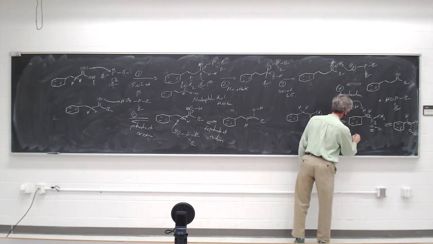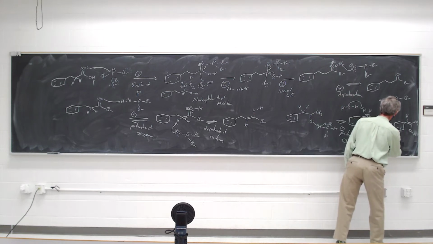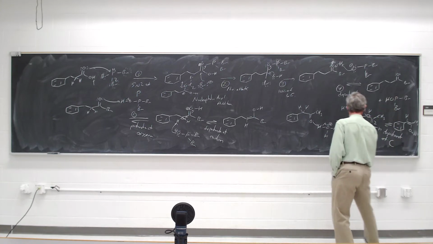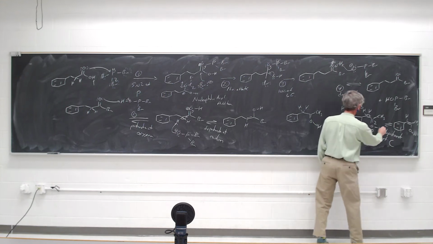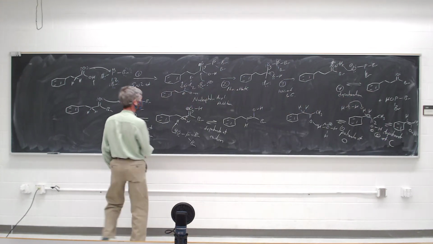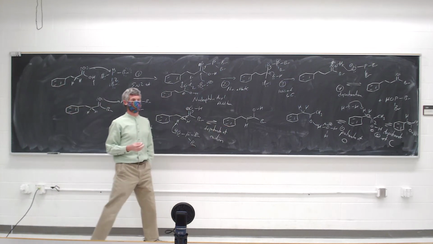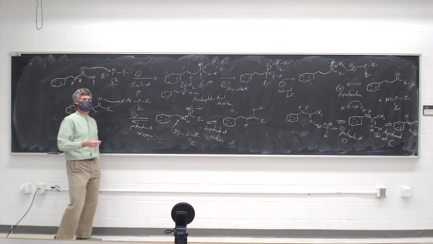You know how to make the enol of the acid bromide, because it's just protonated oxygen and deprotonated carbon. So 2 steps. So 4 steps in stage 1, 2 steps in stage 2 to generate the enol of the acid bromide. And it's under acid catalysis because PBr3 is an acidic reagent.